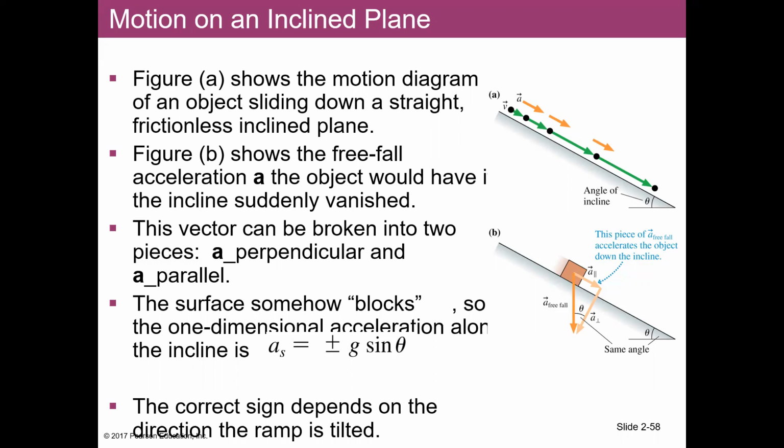But needless to say, the book argues that the perpendicular acceleration is somehow blocked by the inclined plane, and so the only part of the acceleration that contributes to the motion is the part that is parallel, and that part is g sine theta.